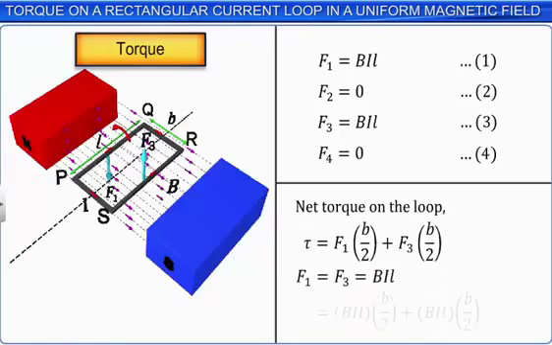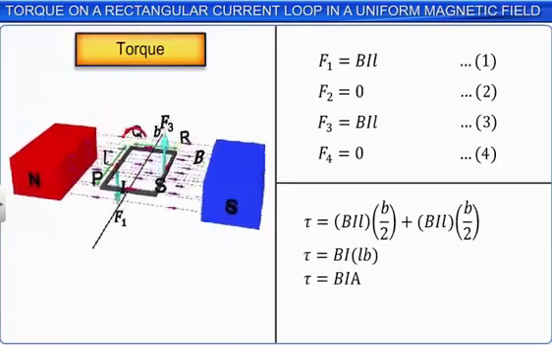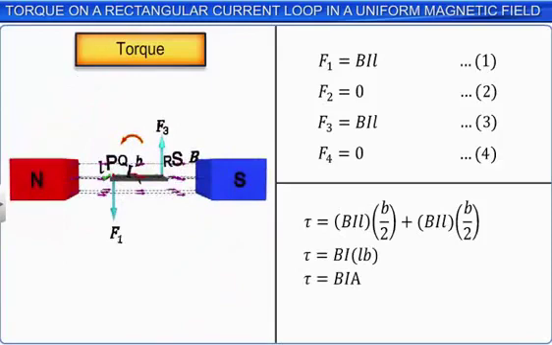Then, τ is equal to BIL into B by 2 plus BIL into B by 2, which is equal to BI into LB. As L into B is equal to the area of the rectangular loop A, we can denote the torque acting on the rectangular current loop τ is equal to BIA. The net torque on the loop tends to rotate it in the anti-clockwise direction when viewed from SP side of the loop.